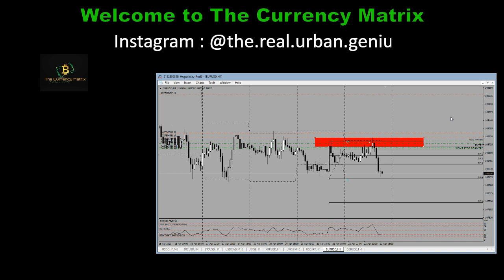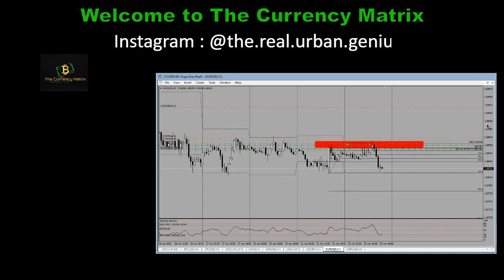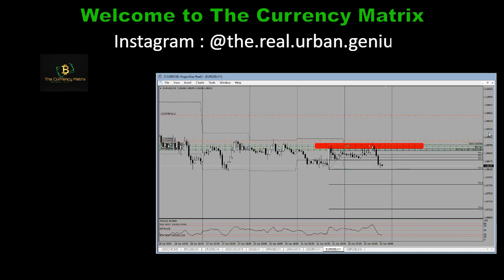So now, based on the fibs and everything that we've put on our charts, we can see where our TP areas and our targets should be. And again, if you got to set up your fibs, in this video, whenever you run it back, you'll be able to go back to that moment and pause it and do all your editing and all that good stuff, if you didn't do it already.